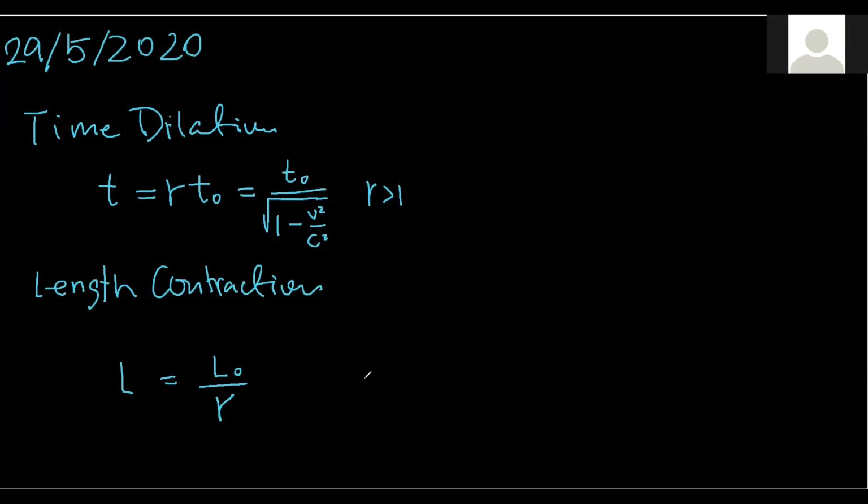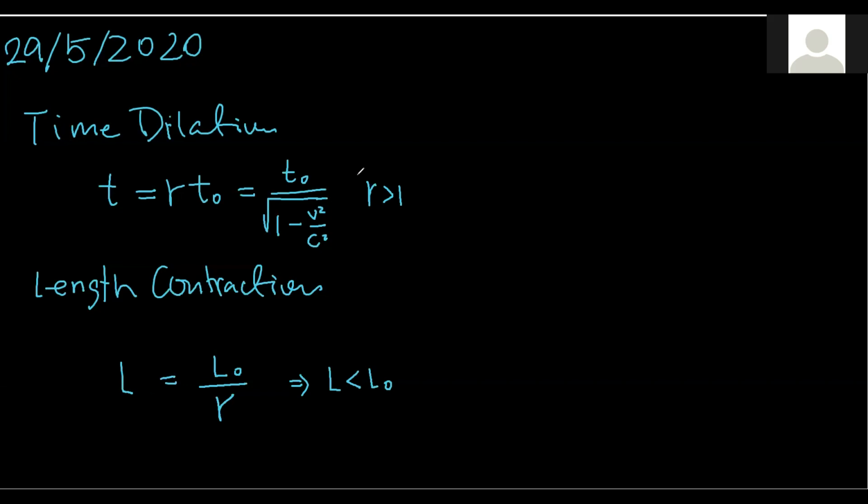But in this case we have the opposite issue, because you divide by gamma, and you will get that the length is always getting shorter compared with L null. So that will give that L is shorter than L null. Do you agree? Right.